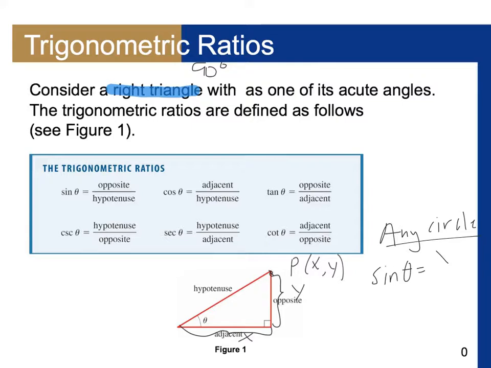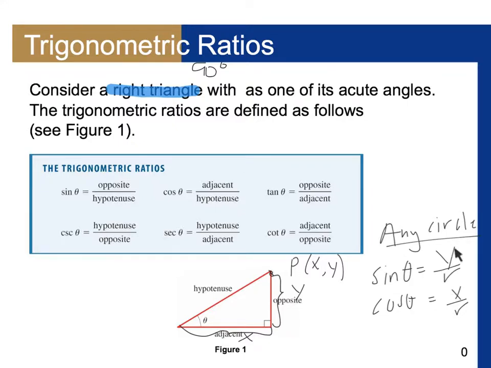Sorry, y over the radius, for sine. And the cosine of theta is x over the radius. So when we're in a circle that's not the unit circle, we have to divide by the radius.